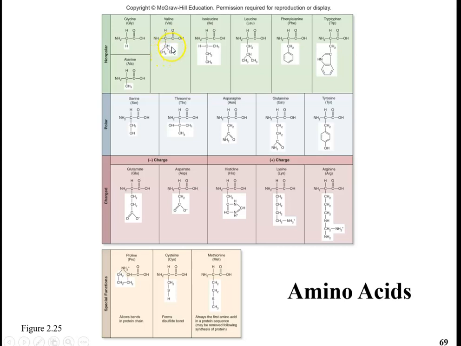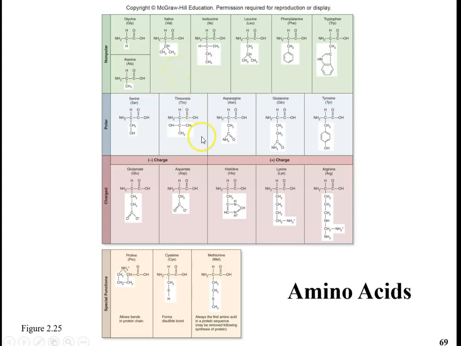So on this amino acid, valine, you can see that there are 3 carbons coming off of it, and they each have hydrogens attached to them. This would be a non-polar R group. It's not likely to want to attract water or other polar substances. It's going to want to interact with other non-polar R groups.